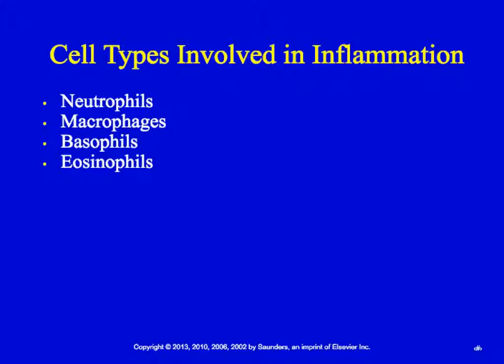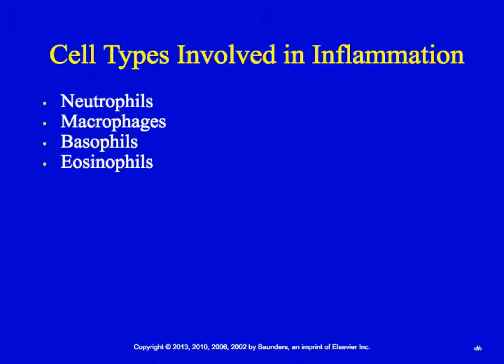Just make sure you review that. It's nice to know as a nurse in general that each of these white blood cells has a specialized part in inflammation. Neutrophils are the largest number of white blood cells that take part in an inflammatory response.